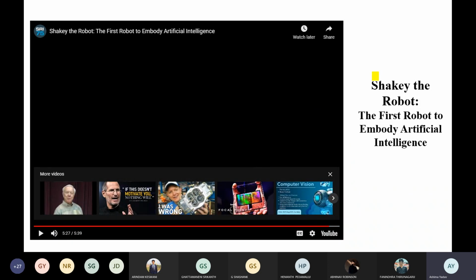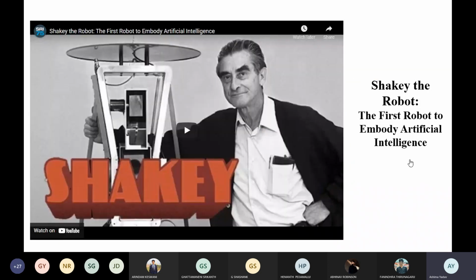So this was it. It's interesting how Shakey was developed, and they were not sure how popular this first robot would become, that nowadays the basic algorithm on which it was developed is also being used.